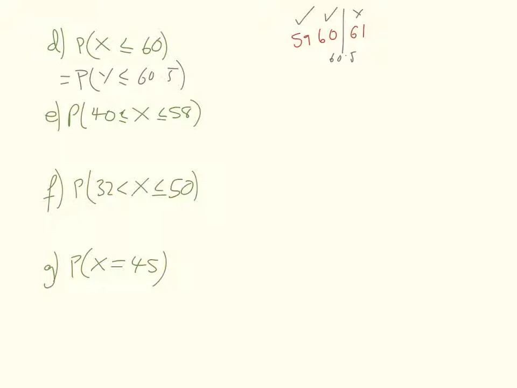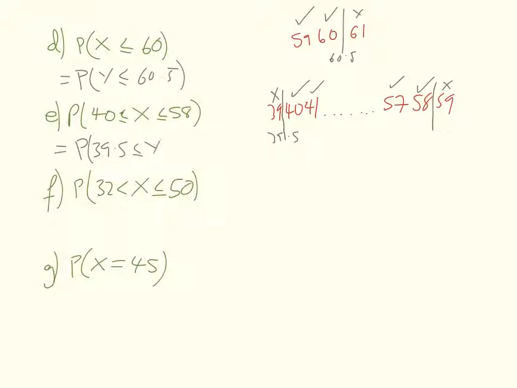Let's look at the next one. Again, I'm just going to draw the numbers around 40, and the numbers around 58. So 40 is included, 39 is not, and on this one 58 is included, but 59 isn't. So we would write this. There's our line, and there's our other line, so this is 39.5 and 58.5.